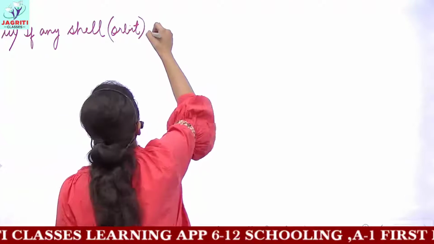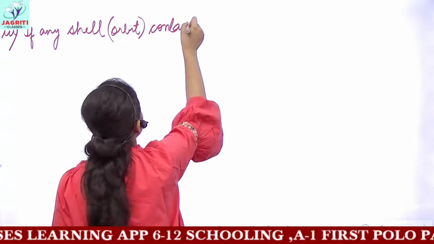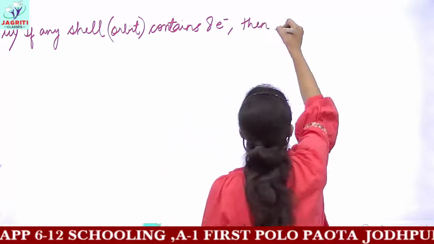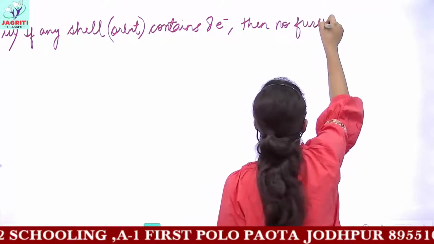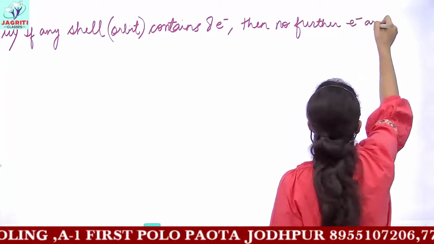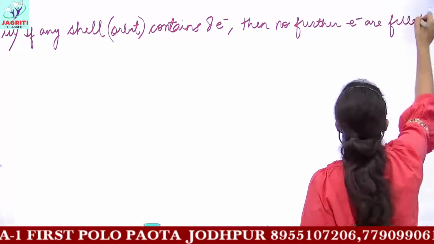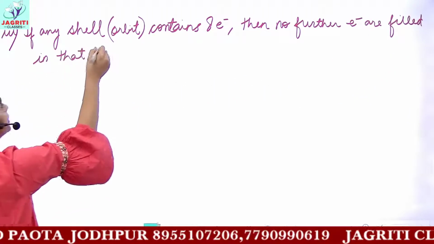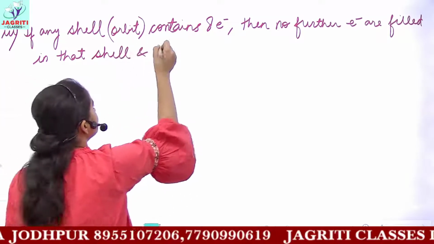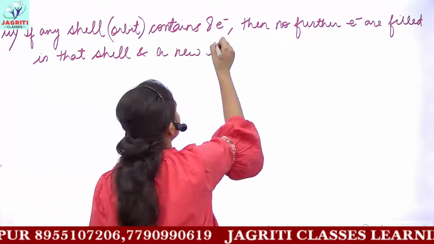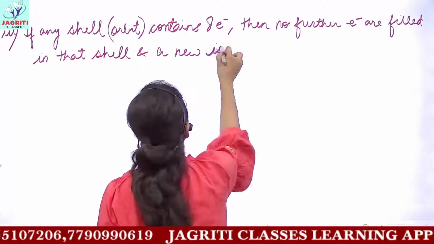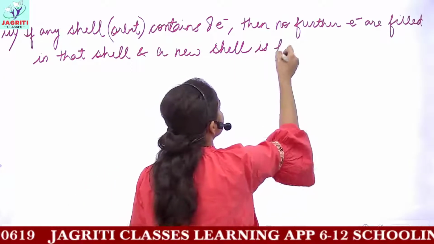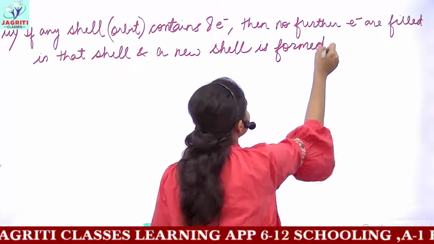If any shell contains 8 electrons, then no further electrons are filled in that shell, and a new shell or new orbit is formed. So this is our third rule of the scheme.